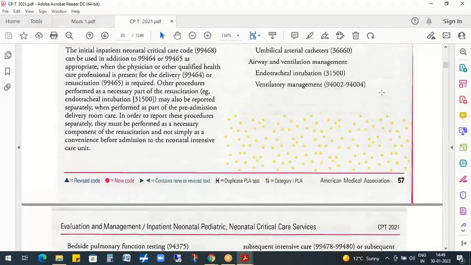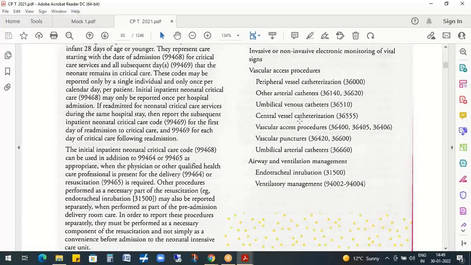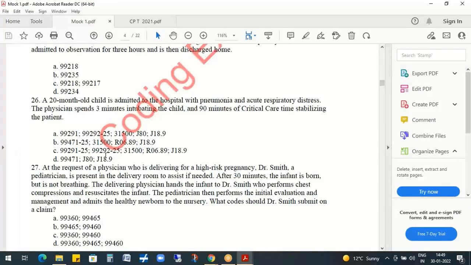Can you see page number 57? I said on that day these are all the services included. Have you marked everyone? Now if you see the question, the physician spends 3 minutes intubating the child during that critical care services.